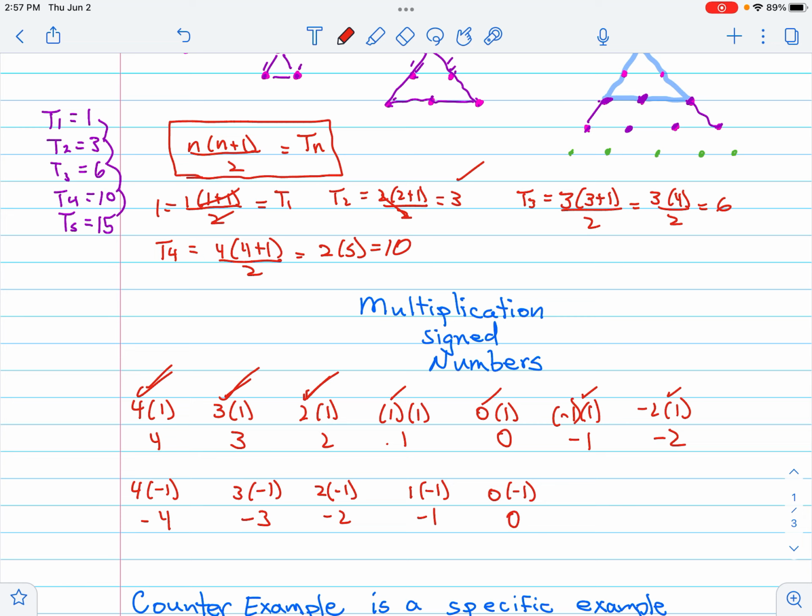Now, the next thing we multiply is -1 times -1, and the next number in this pattern is going to be a positive 1. So we note this pattern: when we multiply two negatives together, we get a positive. So that's the way we can use patterns.